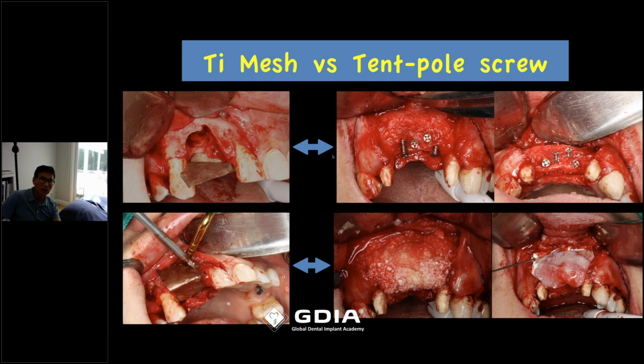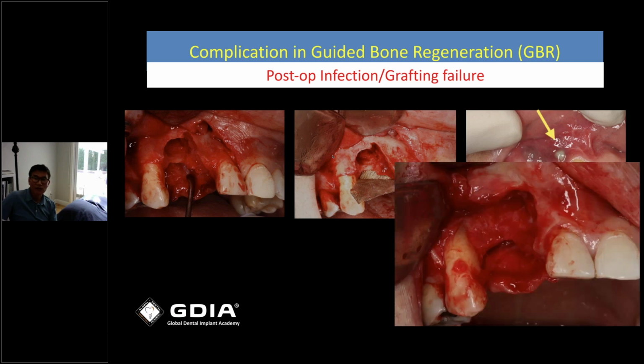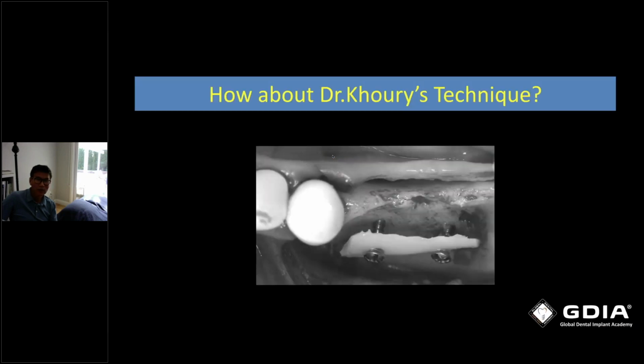Some other case with titanium mesh, I did it pretty wide across the crestal alveolar ridge. I put it in, and this titanium mesh is very friendly to the soft tissue. But you can see the post-op infection. Once you get an infection, you can see from pre-op to post-op that you're losing more bone.